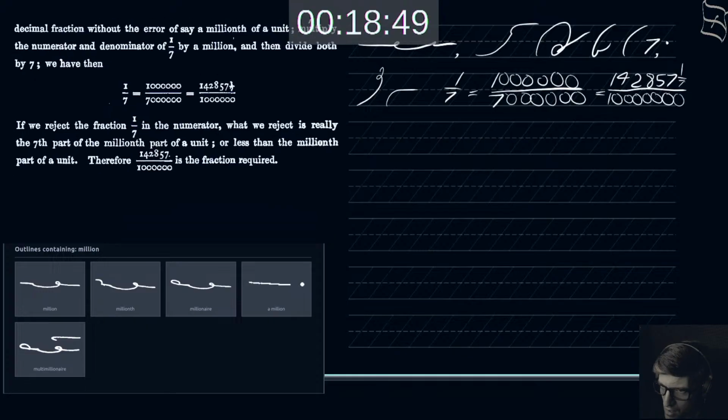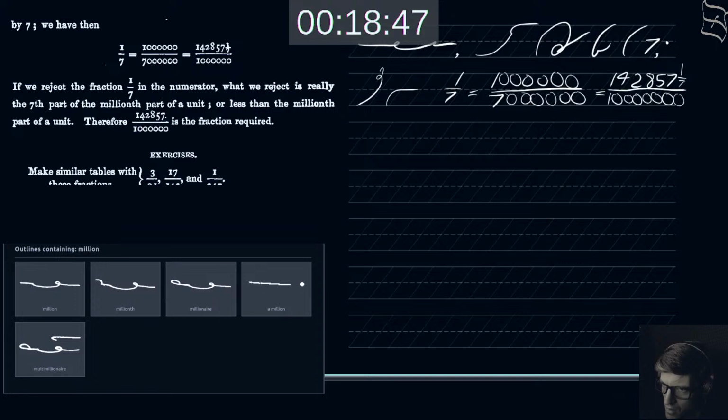Interesting. If we reject the fraction 1/7 in the numerator, what we reject is really the 7th part of the millionth part of a unit. That's a funny way to look at that. All right, what we reject is really reject.